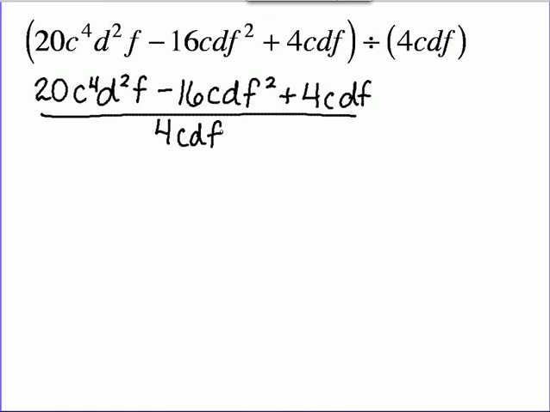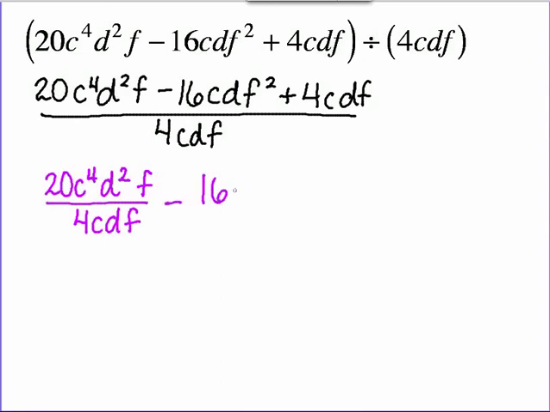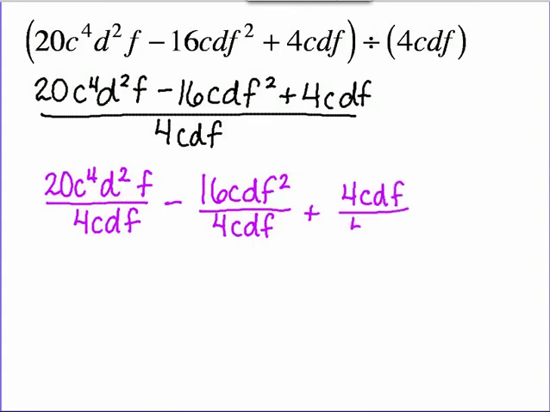So what I'm going to do is break this down and look at these individually as 3 separate problems. I've got 20c to the 4th d squared f divided by 4cdf, minus 16cdf squared divided by 4cdf, plus 4cdf divided by 4cdf.